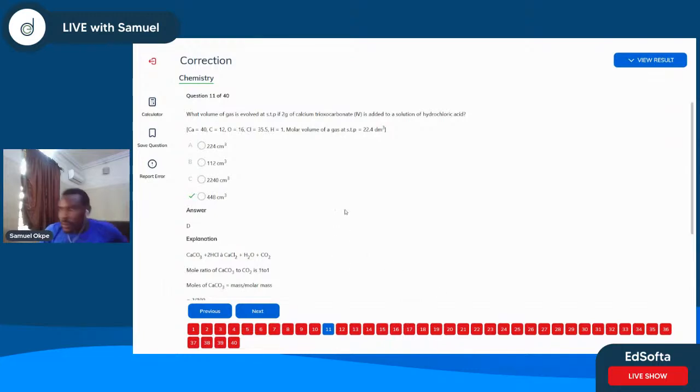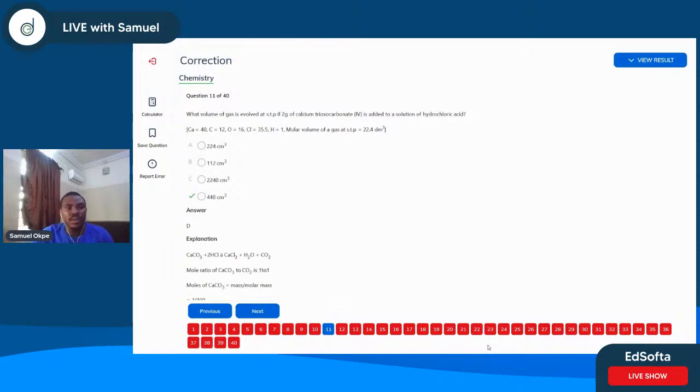They said, what volume of gas is evolved at STP if 2 grams of calcium carbonate is added to a solution of hydrochloric acid? Okay, let's move on.